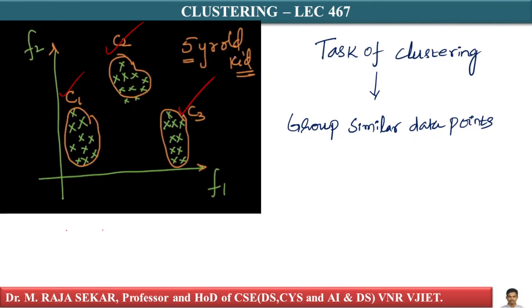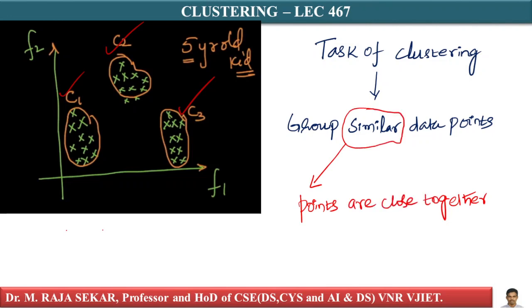So you would group them in this way. A 5-year-old kid's definition of similarity is that points are close together. All these points which are close together are in one cluster, isn't it?